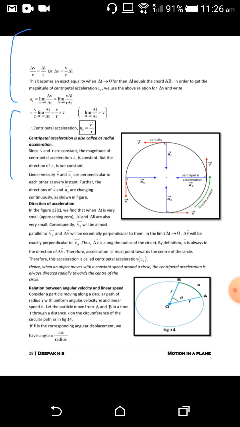R is a radius and V is a speed, so magnitude wise it is the same. But since the direction of velocity changes, even the direction of acceleration changes, which does not remain constant.